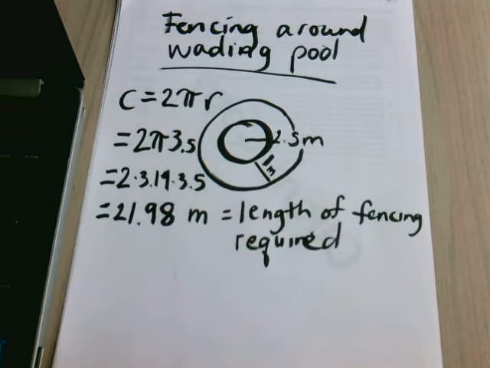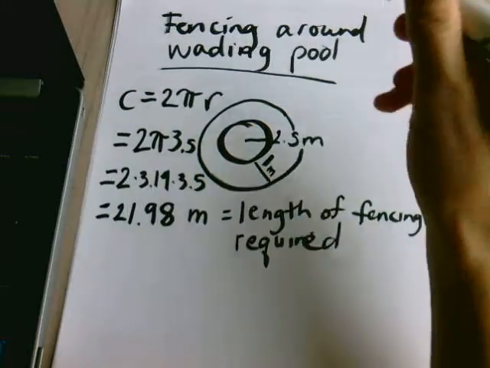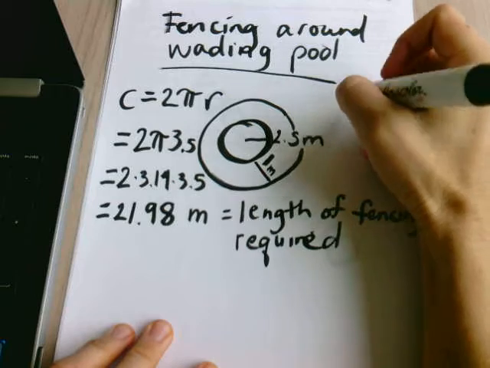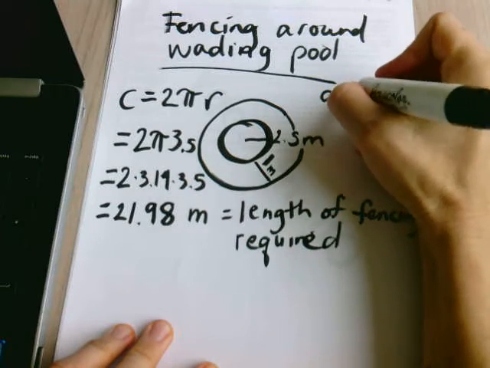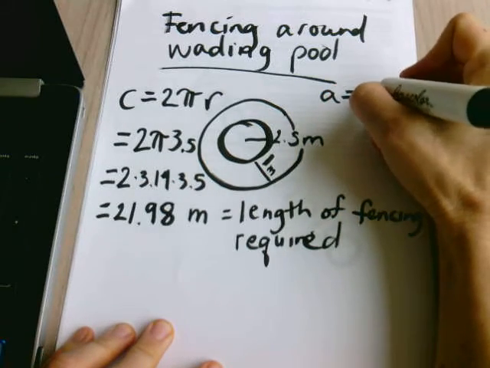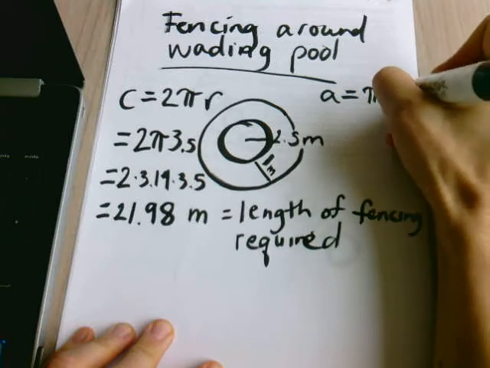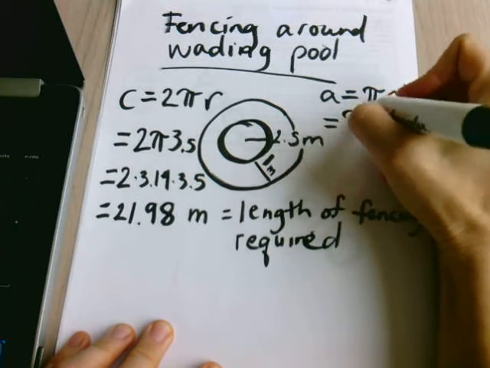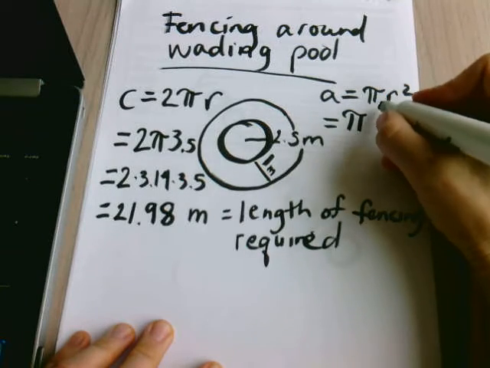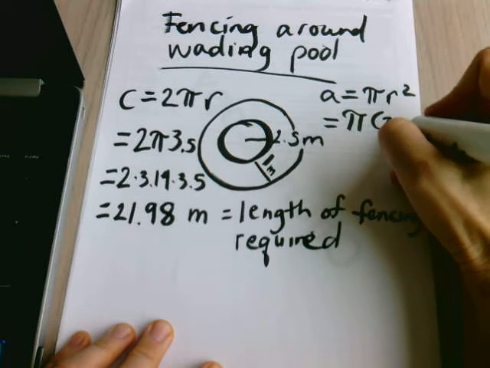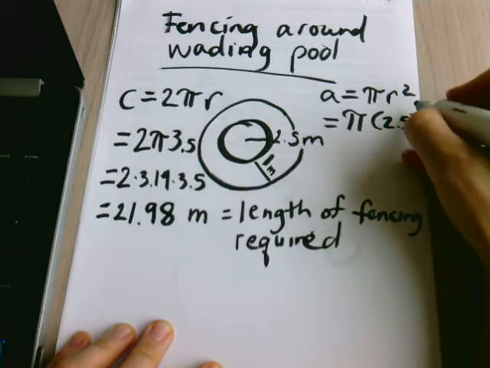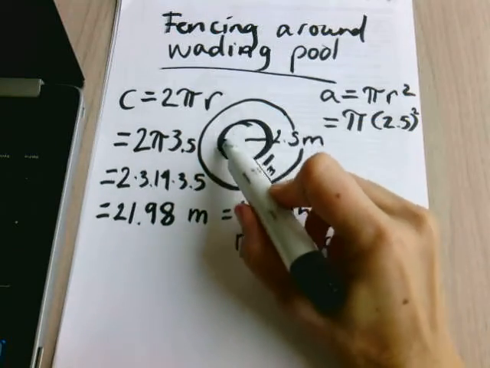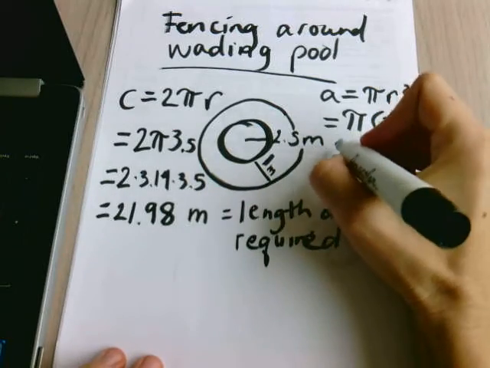And it also asks us for the area of the pool. So the area of a circle is pi r squared. So that's going to be pi times 2.5 squared, if that's the pool right there.